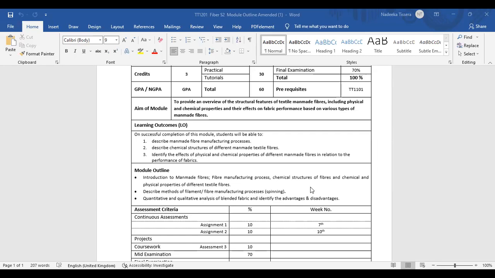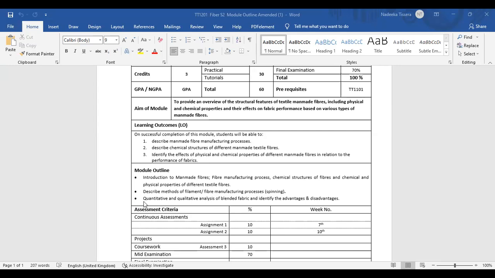In man-made fiber spinning, of course, we can produce continuous fibers, which we call filaments, and we can also produce short fibers, maybe not like a filament, but like a web. There are also novel fiber manufacturing processes for man-made fibers, so we are going to discuss that as well.